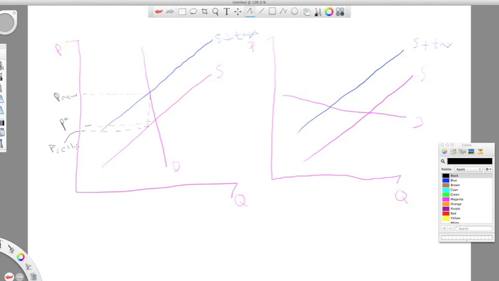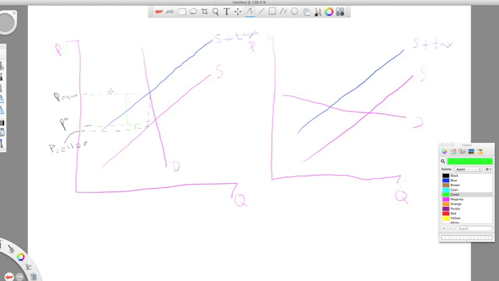The difference between P new and P seller is the amount of the tax. So what we see in this first case is that when the demand curve is quite steep like this, the amount of the tax paid by the buyer, that vertical distance, is quite high compared to the amount paid by the seller, which is this one.